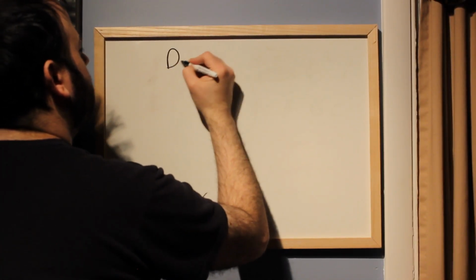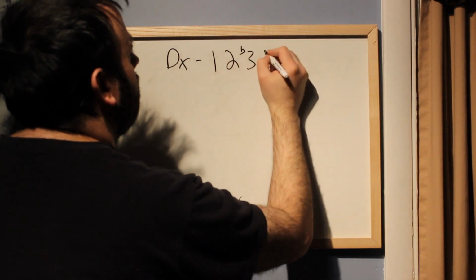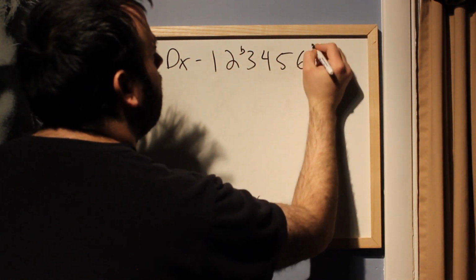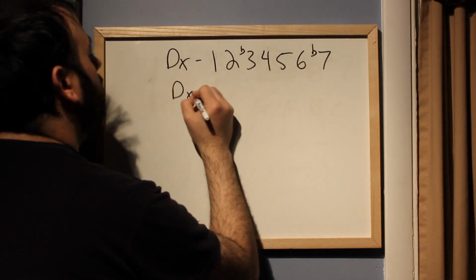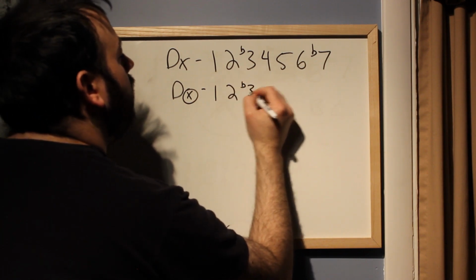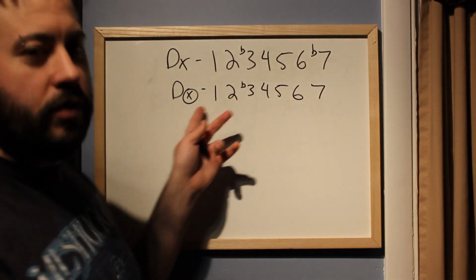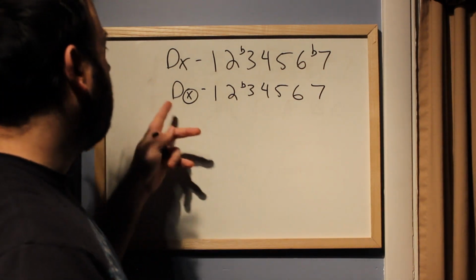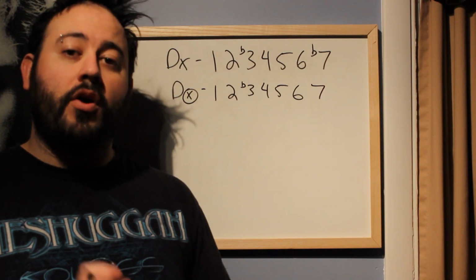So now we have DX, built 1, 2, flat 3, 4, 5, 6, flat 7, which is D Dorian, and then D melodic minor, 1, 2, flat 3, 4, 5, 6, 7. Two completely unique scales.